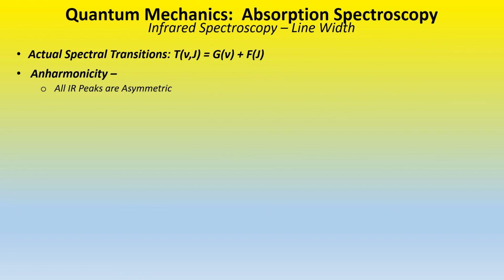If you look carefully at any infrared spectrum, the first thing you'll note is the peaks are always asymmetric. And also that asymmetry follows a pattern. They are always wider towards higher wave numbers, towards higher energy, as the bond bends while it's trying to vibrate.